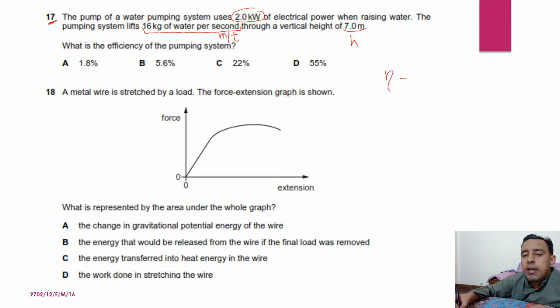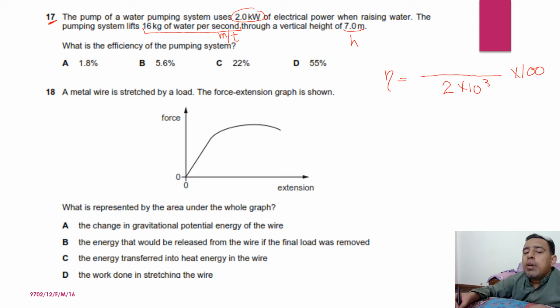Efficiency is in this way. You have to write the useful output over input, and input is 2 kilo, means 2 into 10 to the power 3 watt.